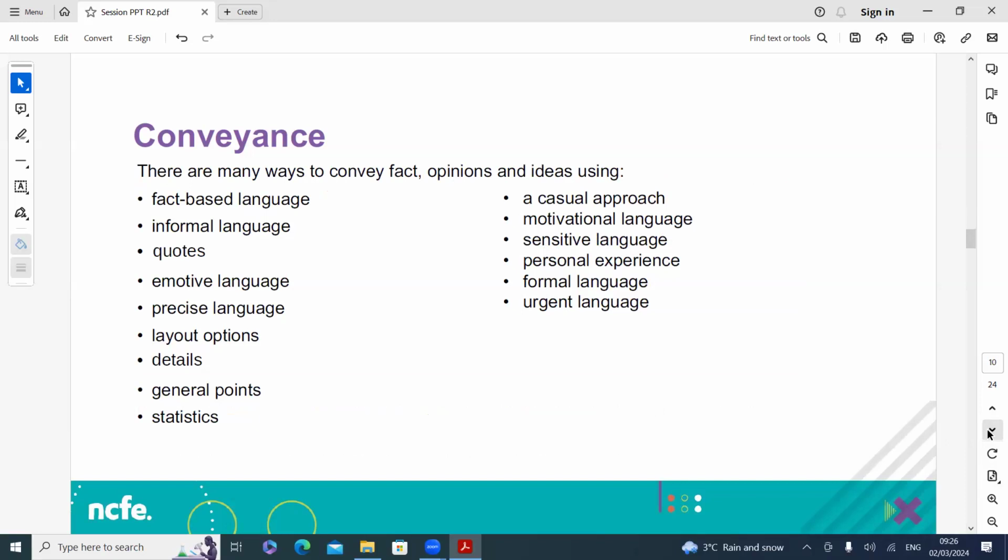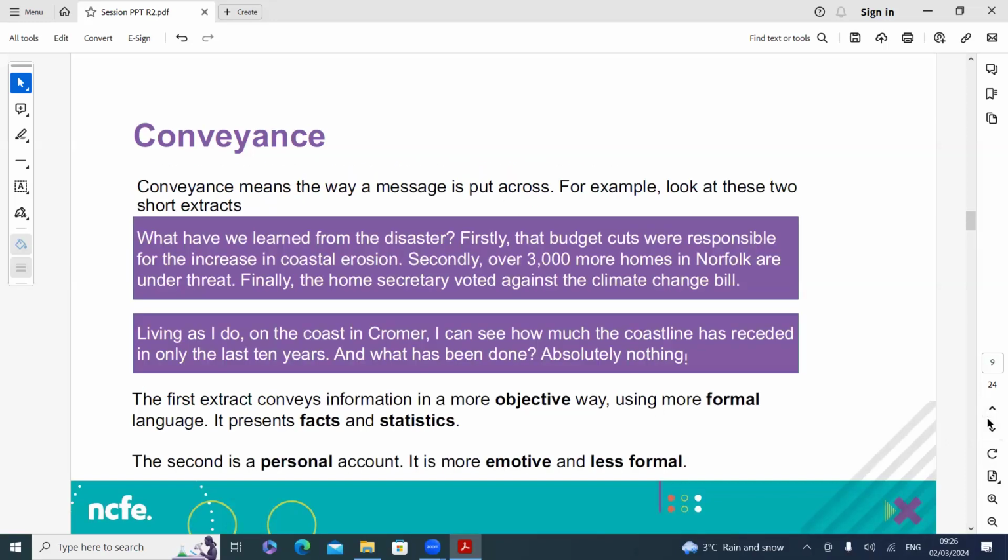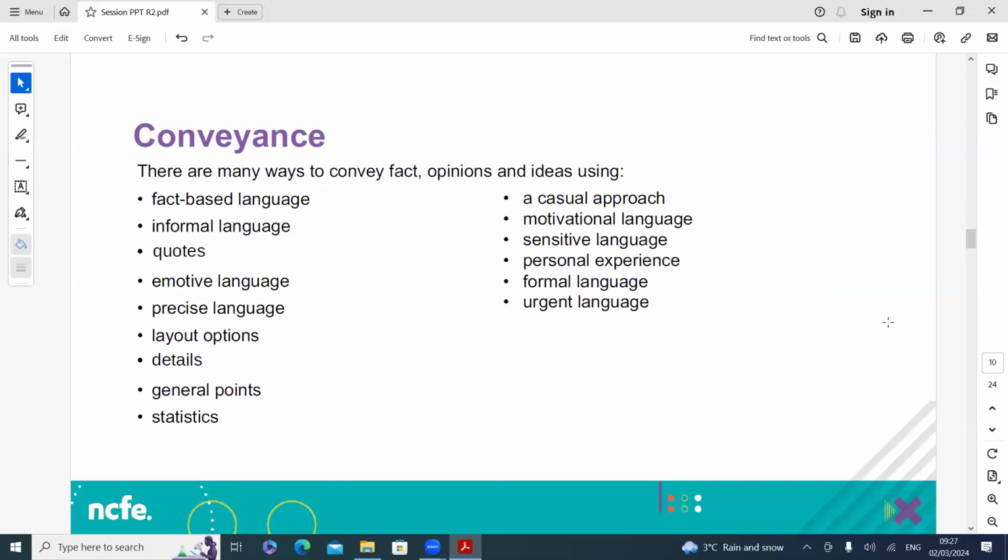So we had formal and personal or informal examples, but there are many ways to convey fact, opinions and ideas, and you can see them listed here.